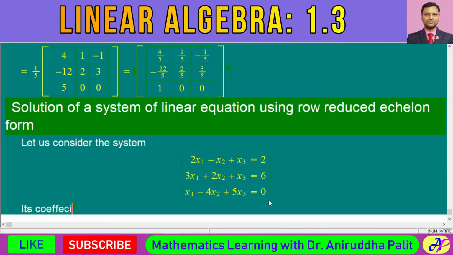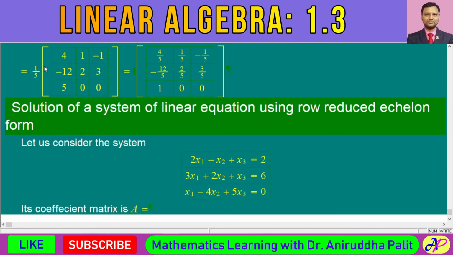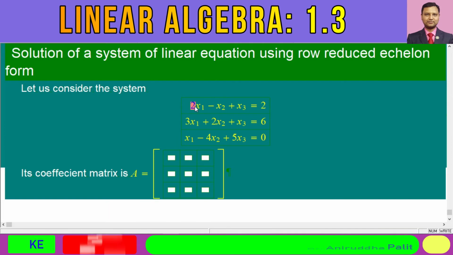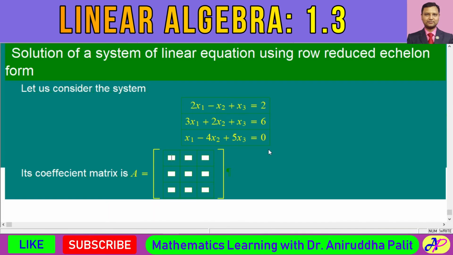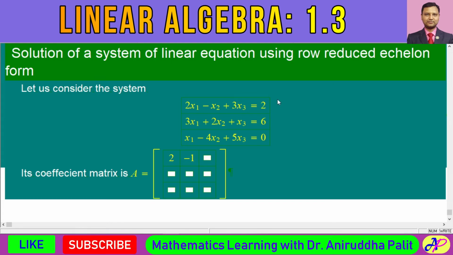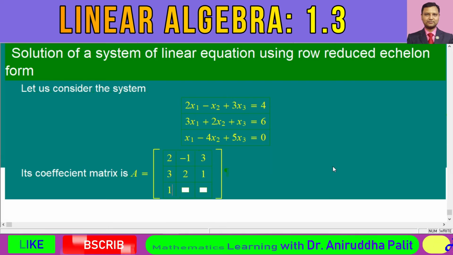Capital A is equal to a 3 cross 3 matrix. These coefficients will construct this matrix. So that's 2, minus 1. Oh, I made a mistake. It would be 3. And the right hand side would be 4. 2, minus 1, 3, and then 3, 2, 1, and then 1, minus 4 and 5, like this.